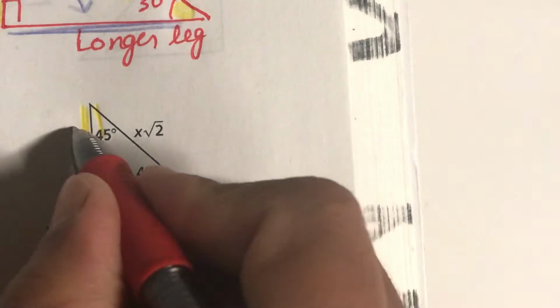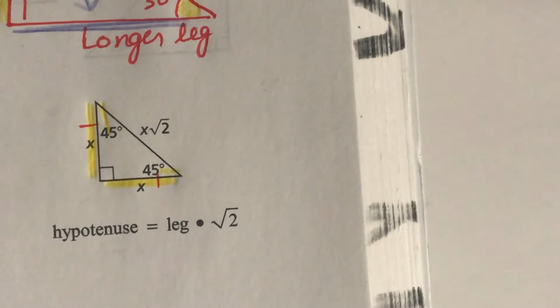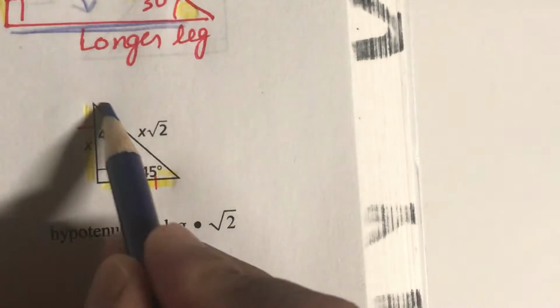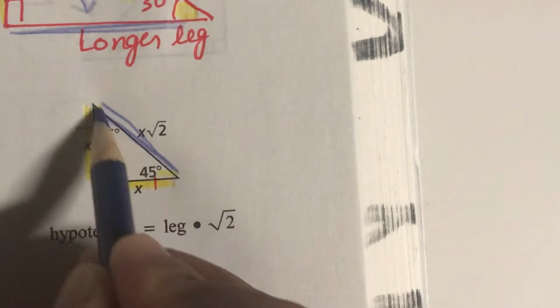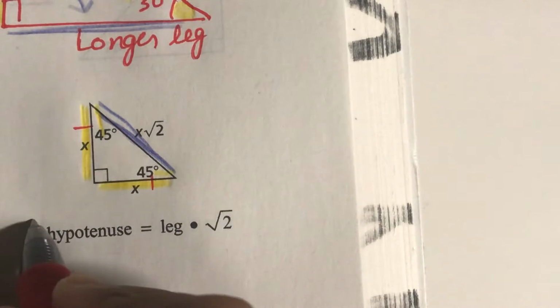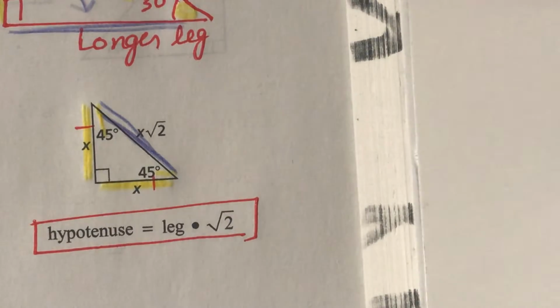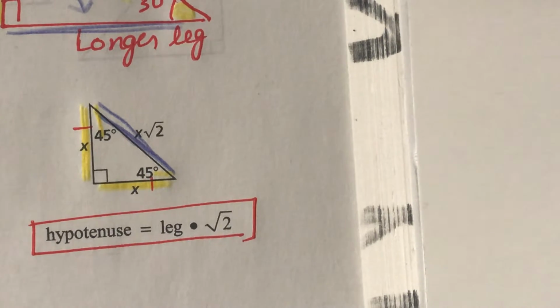Because it's an isosceles triangle, the legs are congruent, and then the hypotenuse is going to be x times √2. So hypotenuse is equal to leg times √2. That we have to understand. Whatever the measurement of the leg is, the hypotenuse is always that times √2.